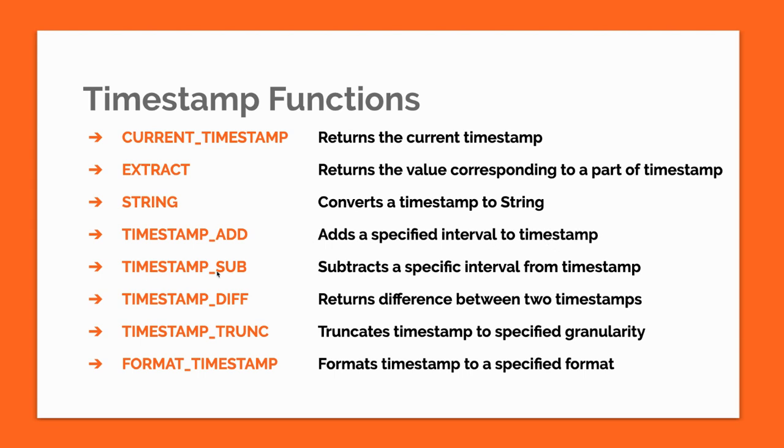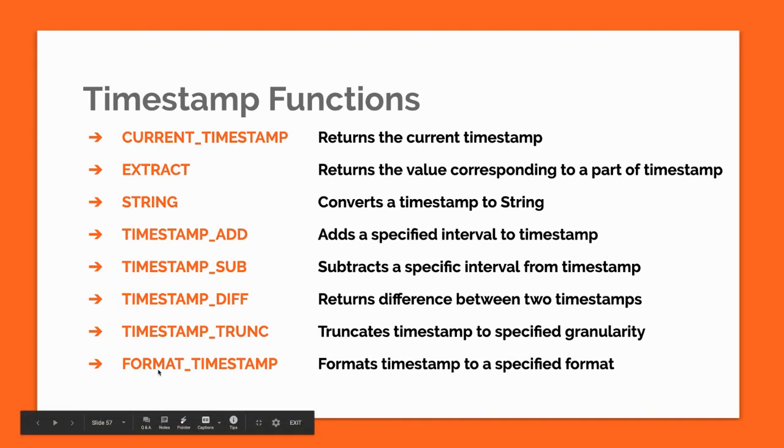Similarly, TIMESTAMP_SUB subtracts a specific time interval from a timestamp. TIMESTAMP_DIFF returns the difference between two timestamps. TIMESTAMP_TRUNC truncates a timestamp to a specified granularity. And lastly, FORMAT_TIMESTAMP formats a timestamp to a specified format.